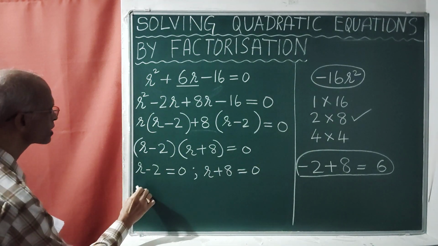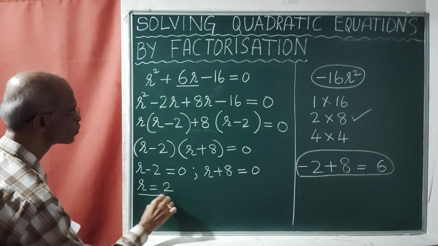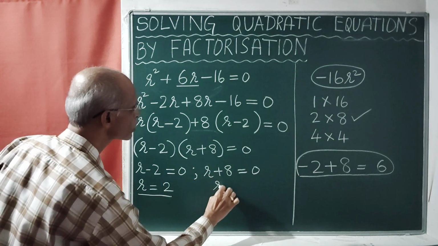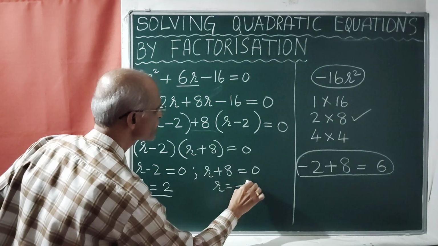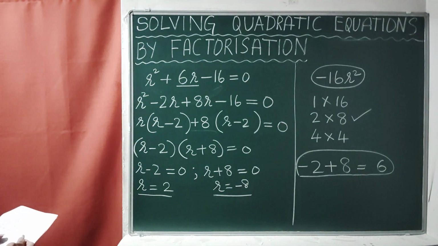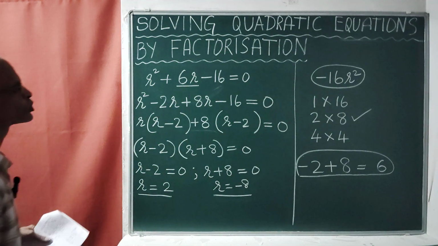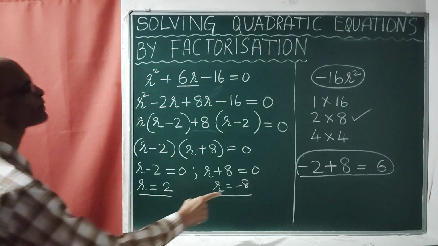If I solve, r will be equal to 2. Here r will be equal to minus 8. So this equation has got two roots, 2 and minus 8.